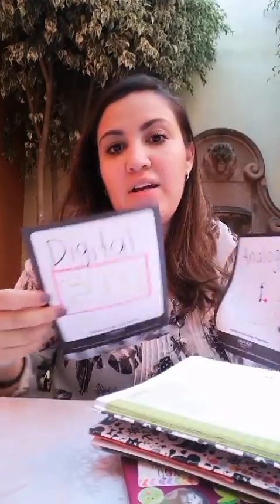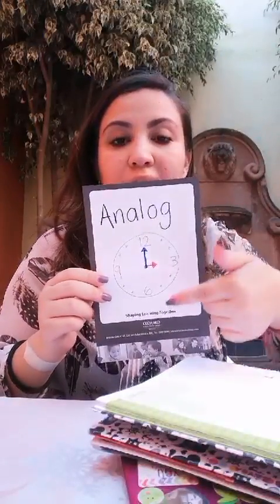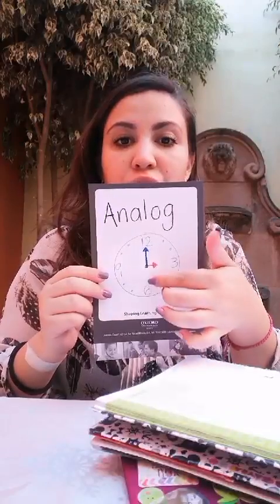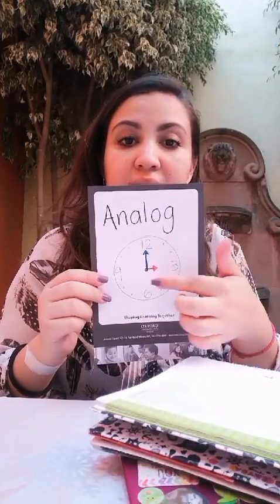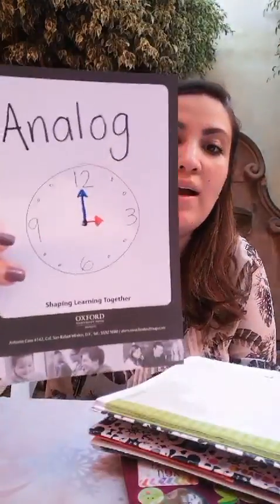I don't need anything else. And in the analog, you have 2 hands on the clock, which shows you minutes and hour. So it gives you the time. For example, here I have 3 o'clock. Okay? So that was basically the difference.